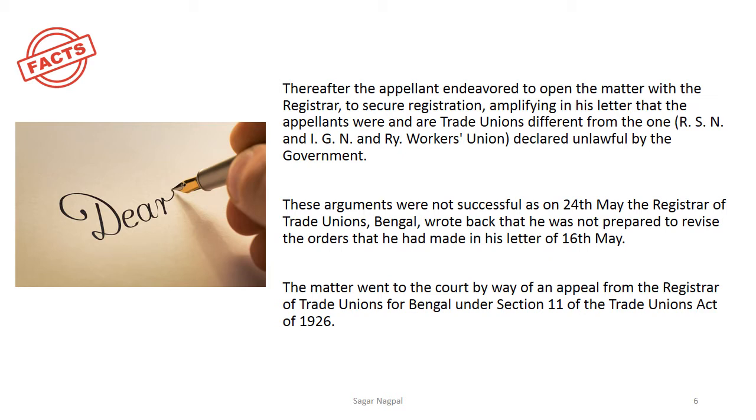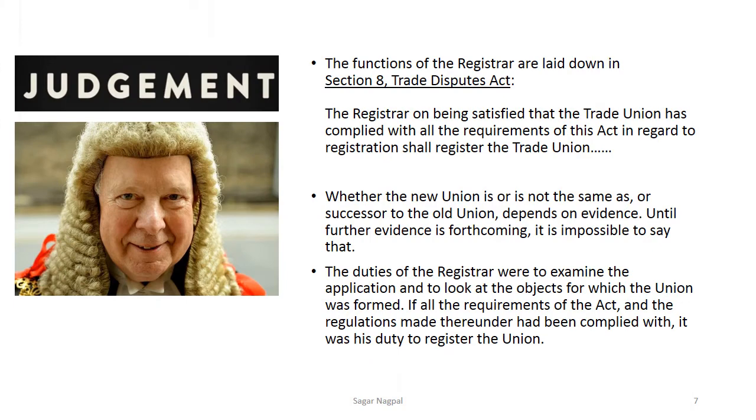So the matter went to the court by way of an appeal from the registrar of the trade unions for Bengal under section 11 of the Trade Unions Act of 1926. The judge, after considering all the facts of the case, first of all defined that the functions of the registrar are laid down in Section 8, and that section says the registrar, on being satisfied that the trade union has complied with all the requirements of this act in regard to the registration, shall register the trade union.